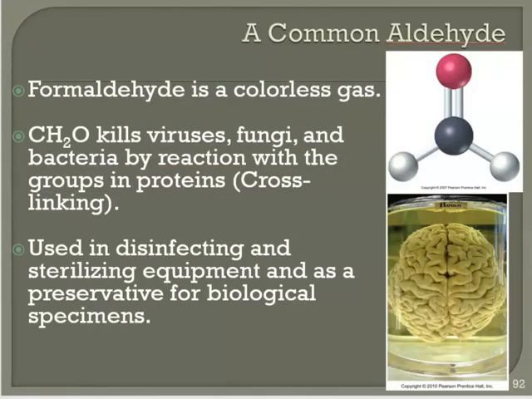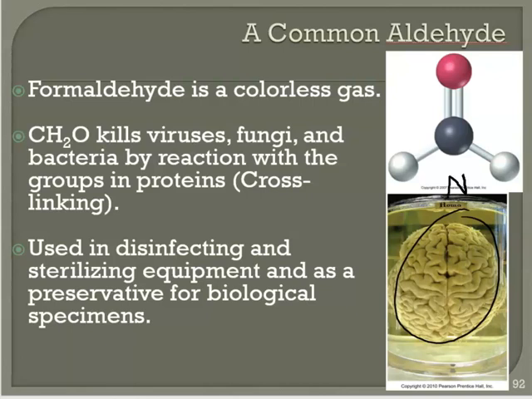So formaldehyde, a common aldehyde, is a colorless gas, and a lot of times it's used to kill viruses, fungi, bacteria. It cross-links with proteins, so it's also useful for fixation of, for example, this brain here. It kind of fixes proteins in place, because it'll take primary amines, primary nitrogens, and make that amide functional group, right?